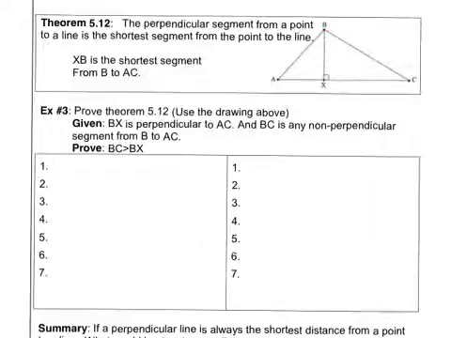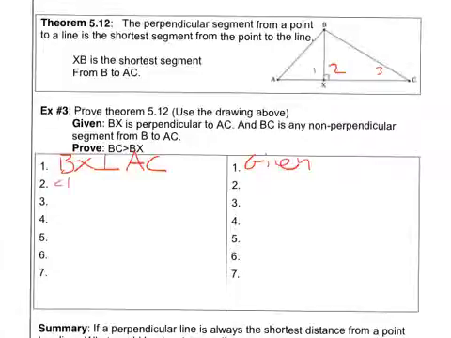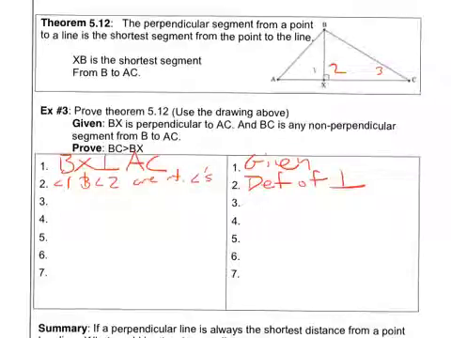So we'd start off by saying that which is given, which is BX is perpendicular to AC, and that is given. And then let's just number these angles here: 1, 2, 3. We could say that angle 1 and angle 2 are right angles. And we just know that because that is the definition of perpendicular.